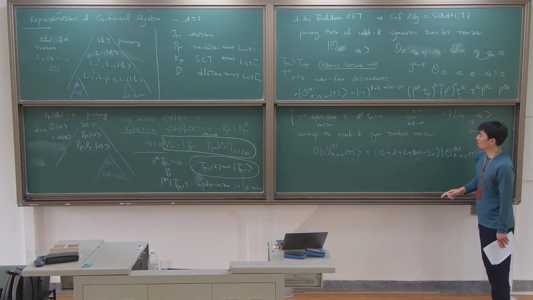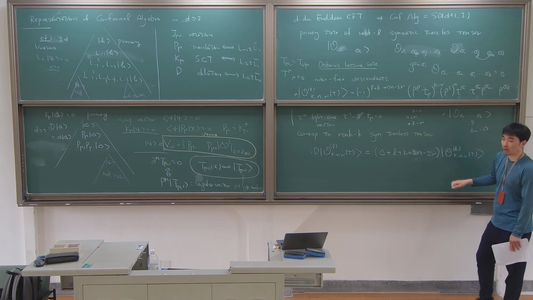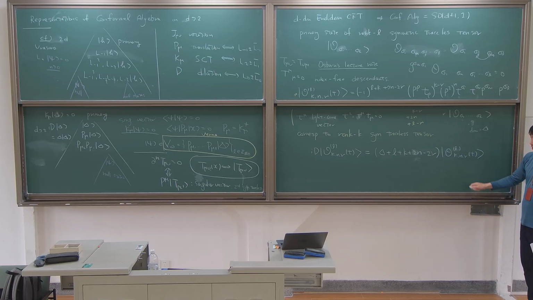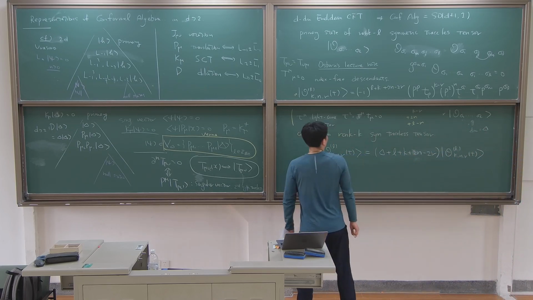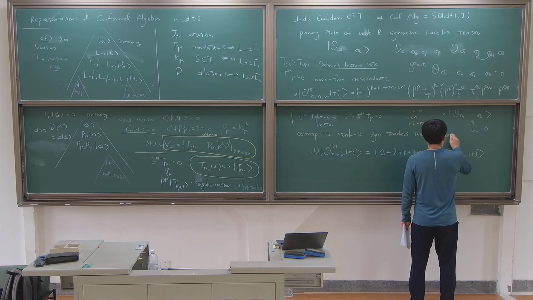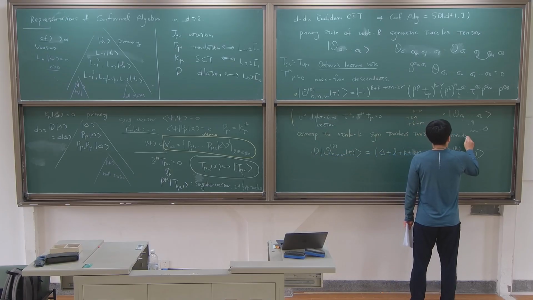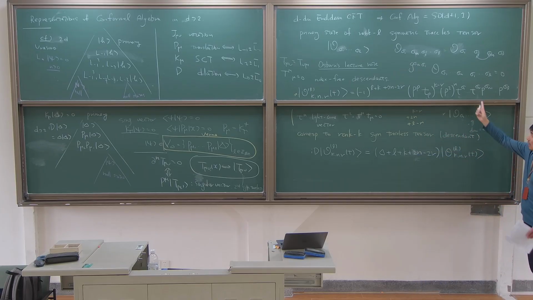Okay? So therefore, if you sum them up, you get L plus K plus 2N minus 2R. So that's the conformal dimension of this descendant tensor. And this is a descendant because of the P axon.